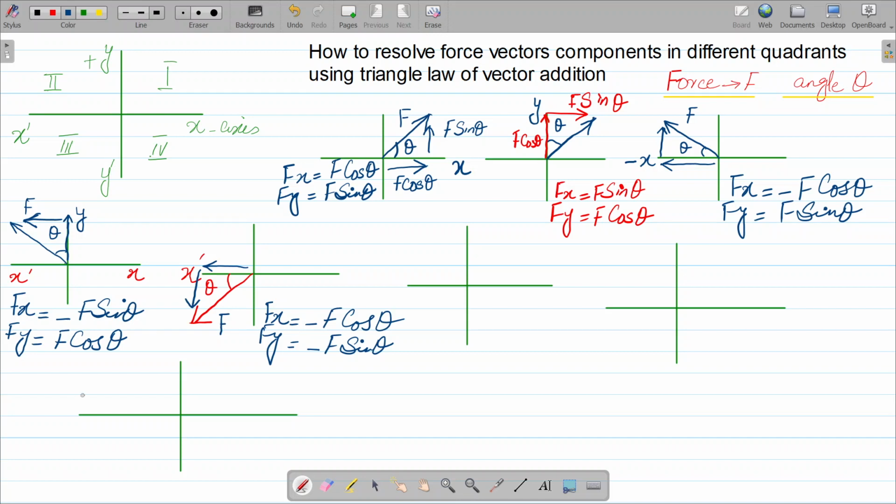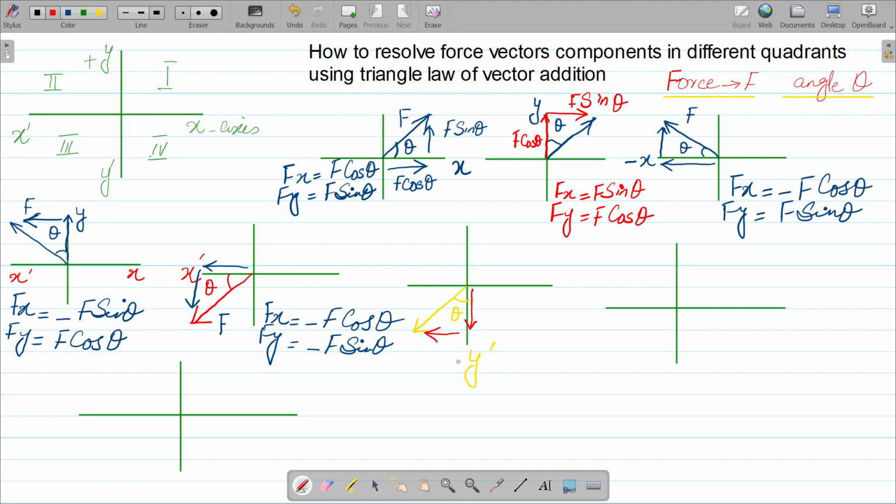Okay. Now we go to the same third quadrant, but we will resolve it slightly differently. Say this is our force F, and it is making an angle theta with the negative y-axis. How are we going to proceed now? Again very simple. We will use the triangular law of vector addition. This will be one component, and this will be the other component.